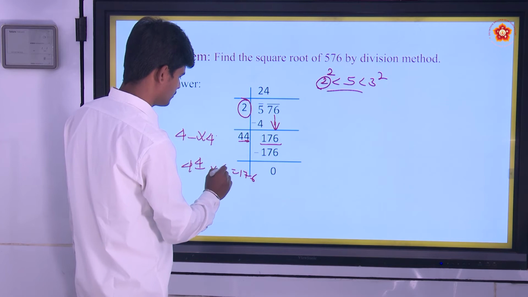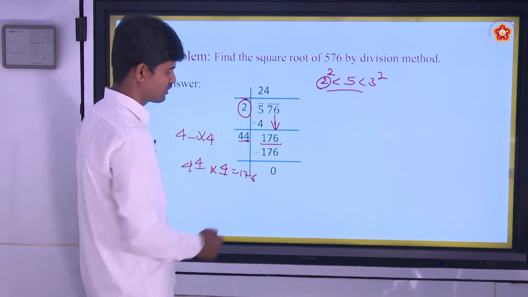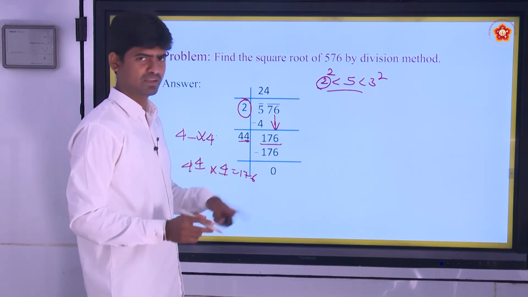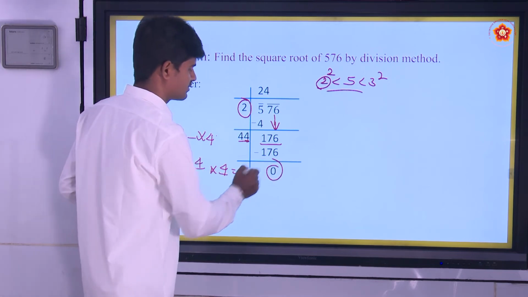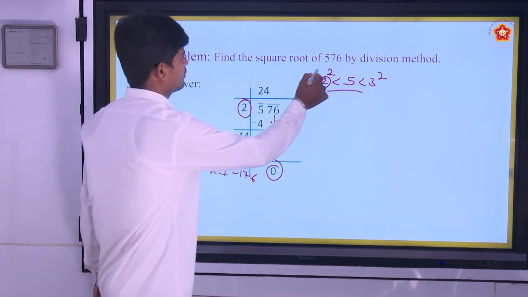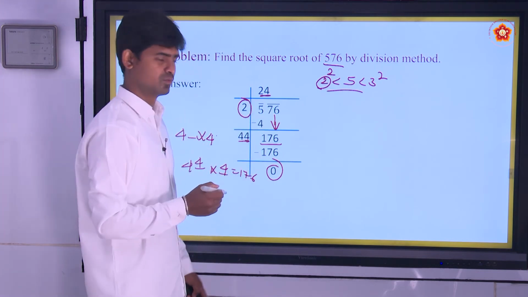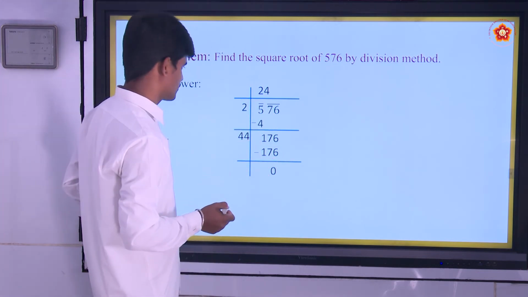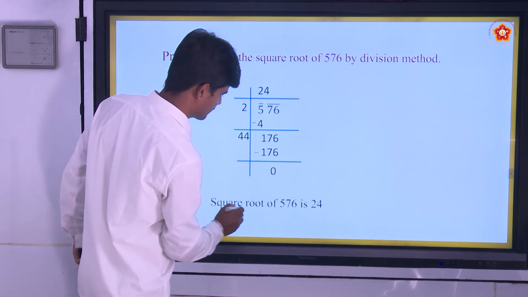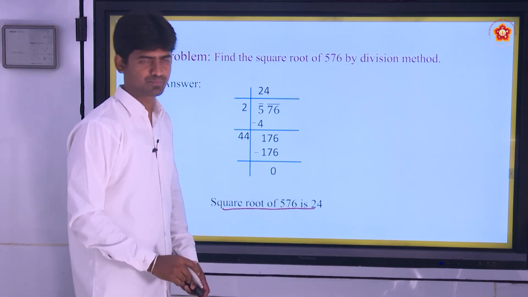So we have 44 times 4, that is equal to 176. 176 minus 176, we get remainder 0. So 24 is the square root of 576.